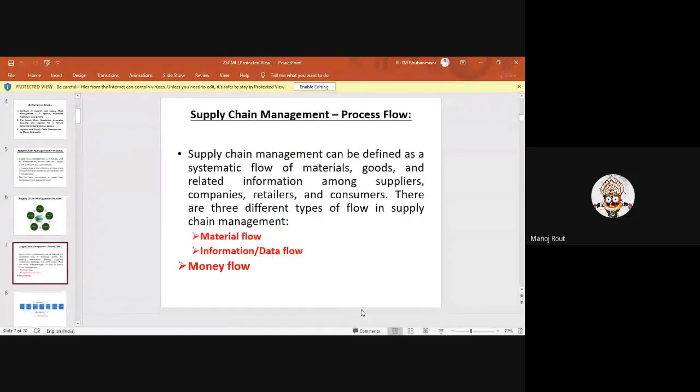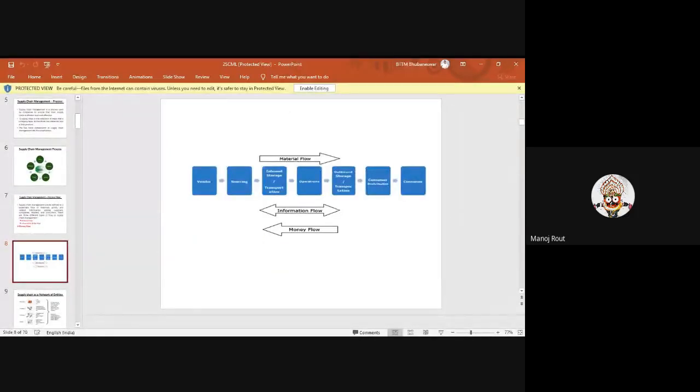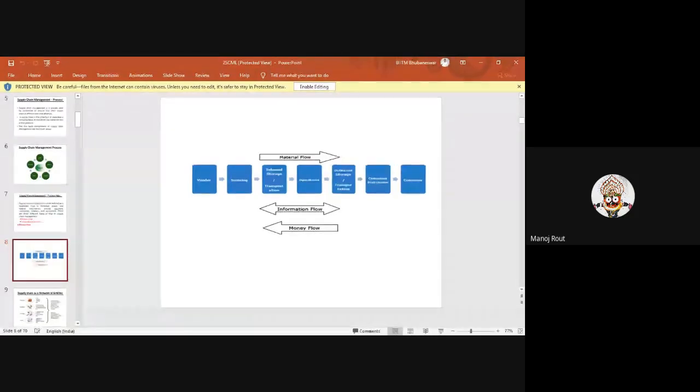These are the ways in which the supply chain management process should flow, starting from the material flow, then information flow, then the next one is cash flow or money flow. In the supply chain management process flow, as you see in the figure, the vendor provides the basic raw materials through the sourcing and purchase department.